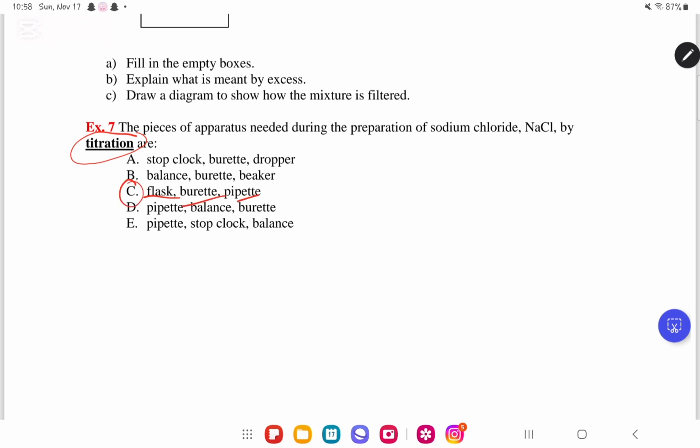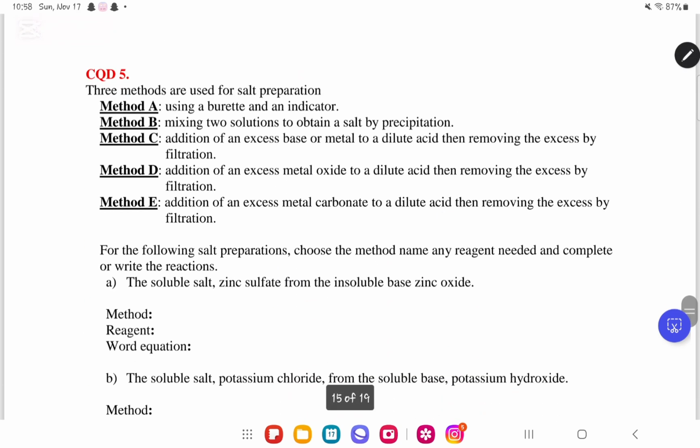So C works. As long as it has a beaker, a flask, a pipette, and a burette, then this is what titration needs. Now we have CQD number 5. We have method A using a burette and an indicator. Then this means this is used by titration.